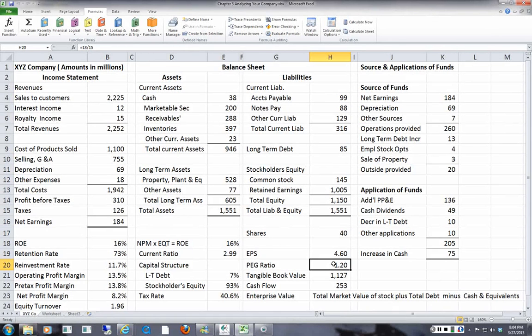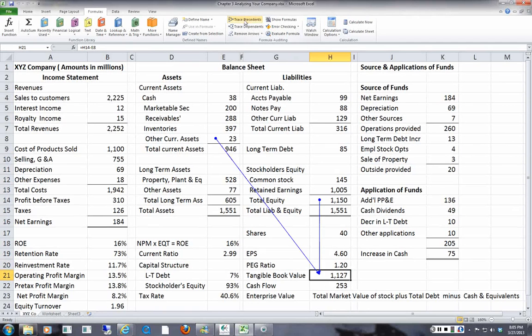This is not too far above the desirable 1.0 figure. It also points out that a PEG of more than 2 is considered high. It means the stock price is too high in comparison with its future growth, and future growth has big importance to the value of the stock. So PEG ratio is something we're going to be talking about.